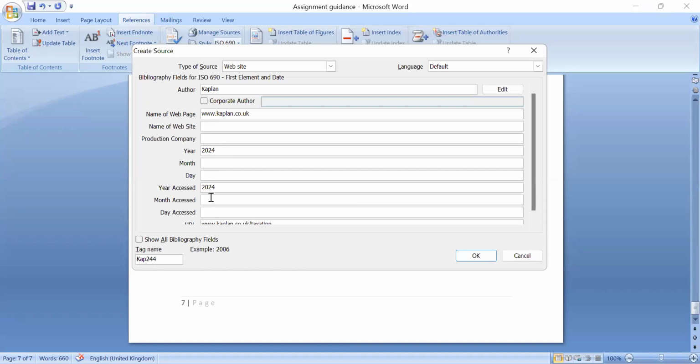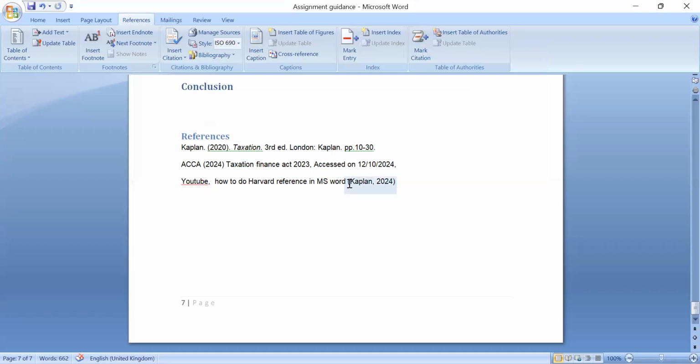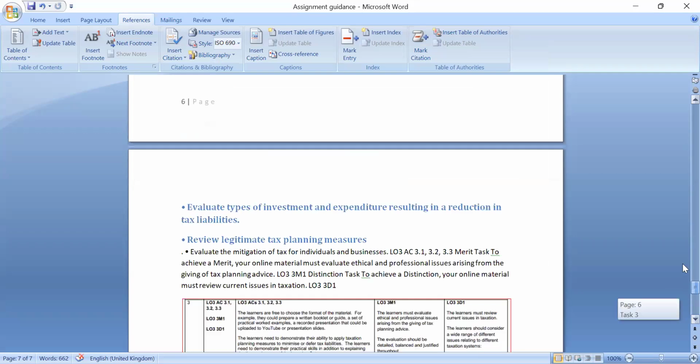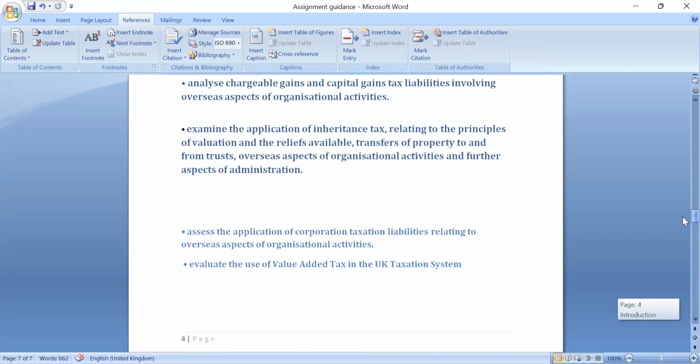Today's date is the 12th. Wherever your cursor is, it drops the reference there. If I'm doing this task and giving a reference, I click there and it drops the reference. Can you see there?